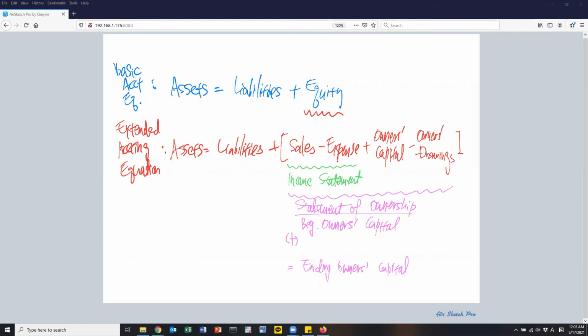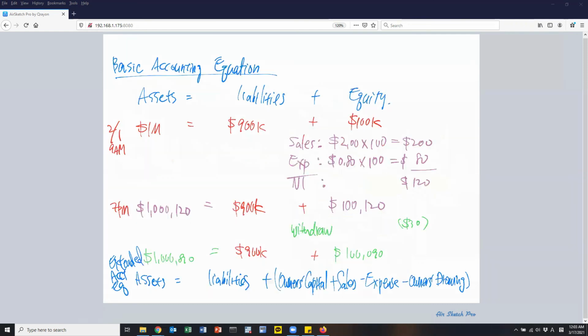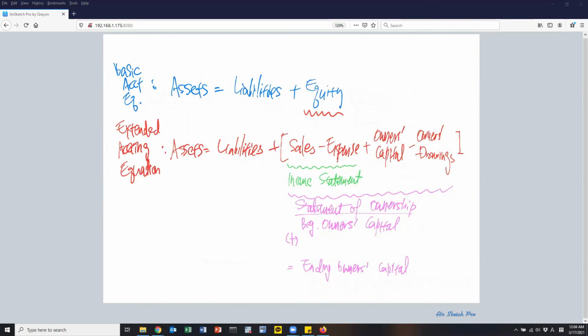For example, net income. What's net income? Net income is sales minus expense, right? Net income is the result of this subtraction. By the amount that you earn, your equity increases. So we can say that net income is an increasing factor toward your ending owner's capital.